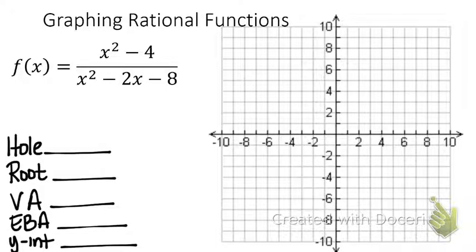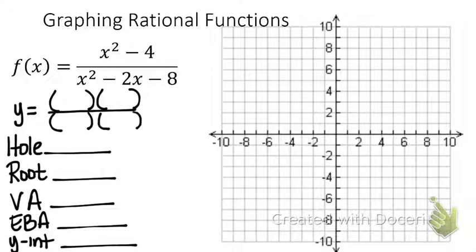So this one is a quadratic. Go ahead and factor, because we will have a hole. Factor top and bottom. Something should cancel out. So what does x squared minus 4 factor down to? Thank you.